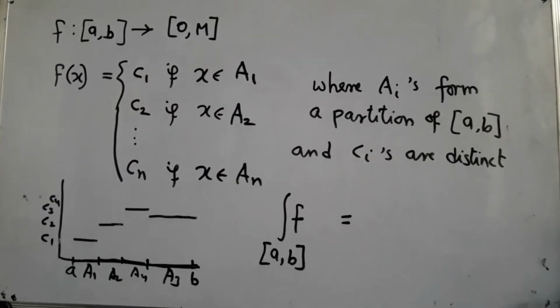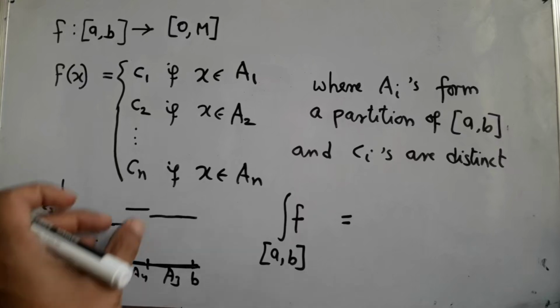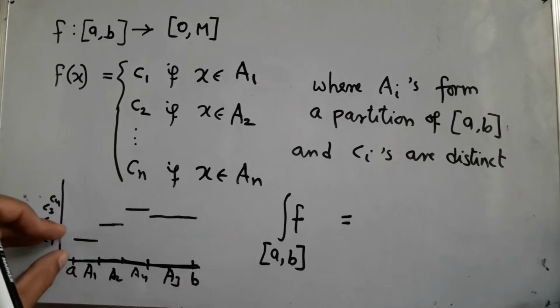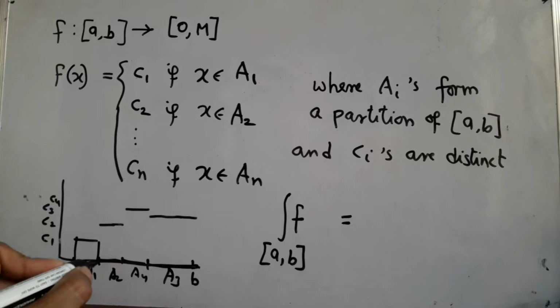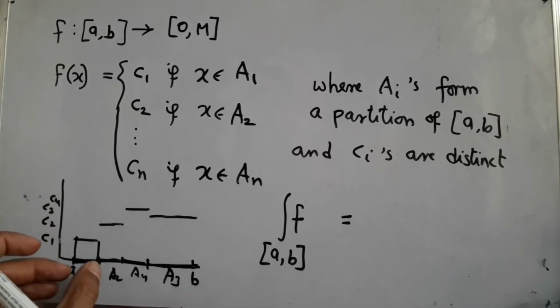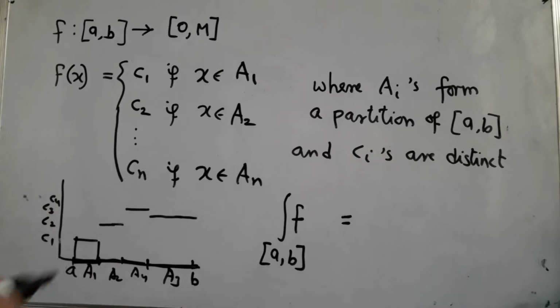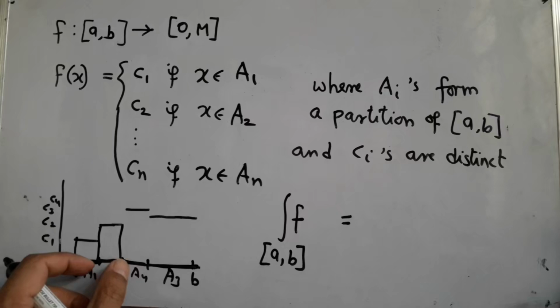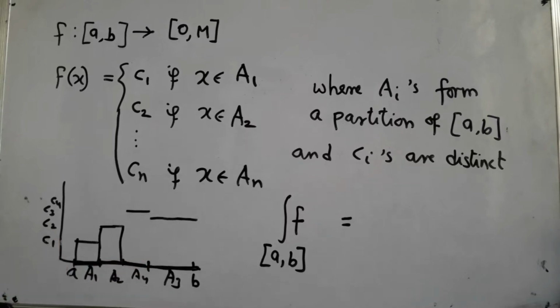The Lebesgue integral of this simple function is just the total area under these things, which means for this one the height is C1, this rectangle, and the base is A1, so it should be C1 times the length of A1. Similarly for these it is C2, the height, times the length of A2, and so on.